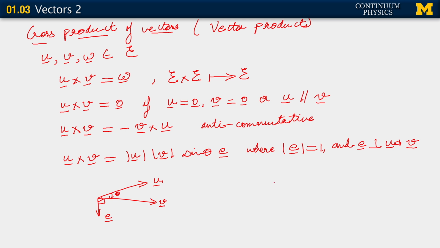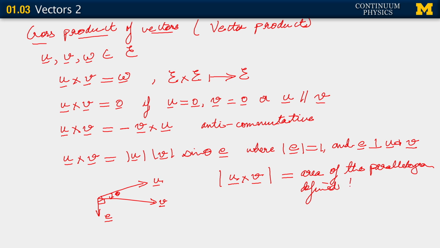In particular, what we know is that the magnitude of u cross v is the area of the parallelogram defined by u and v.